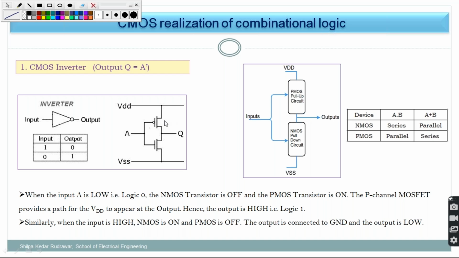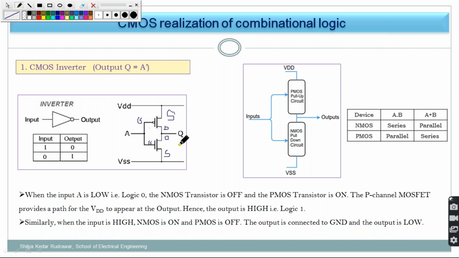So always for the P transistor, this is the source, and this is the drain. This is the gate. Again for the N transistor, this is the gate, this is the drain and this is the source. So it is the opposite of PMOS.